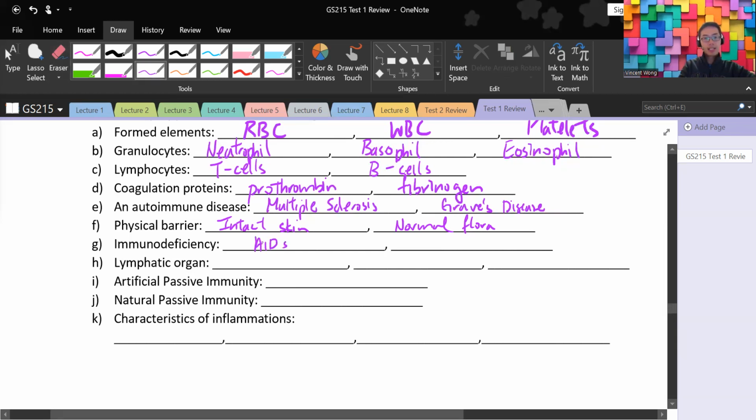HIV causes AIDS, right? And the other one is SCID, when you are born without an immune system. Yeah, Mavis says SCID, very good. Lymphatic organs: spleen, tonsils, thymus. All these are part of your lymphatic organs, appendix.